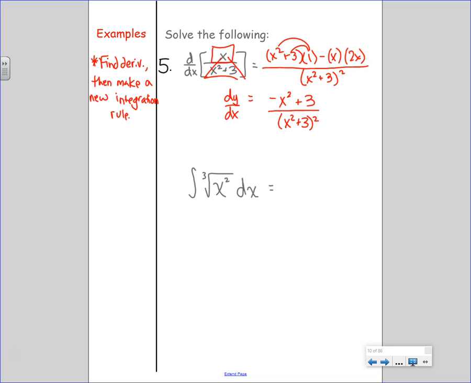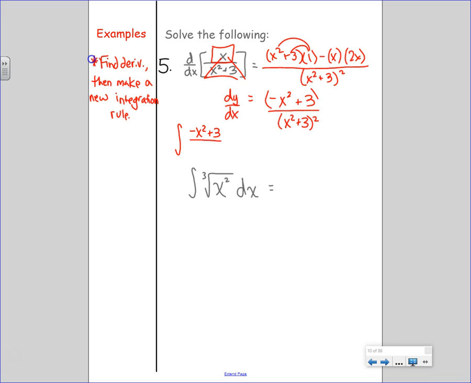How can I make an integration formula rule from that derivative? Can we just take the derivative and plop it in? It's going to be a derivative sandwich, right? Integral says, give me the derivative and I'll pop out the original. So put in the derivative, negative x squared plus 3. We didn't simplify because the signs were different.